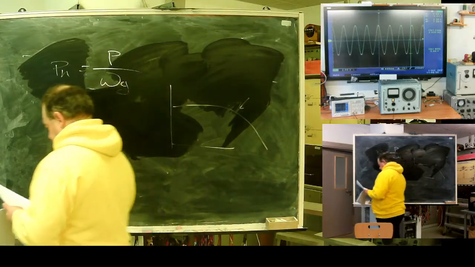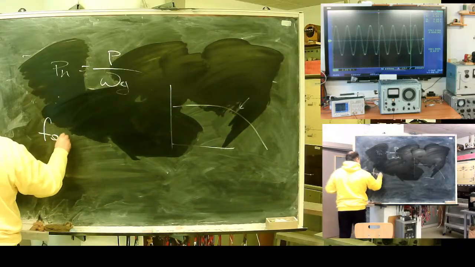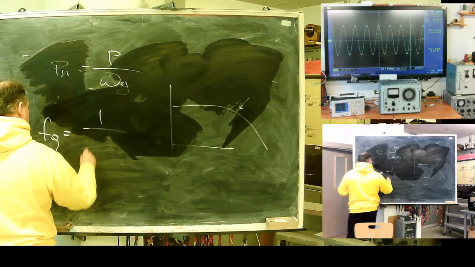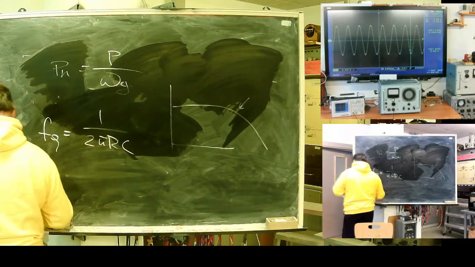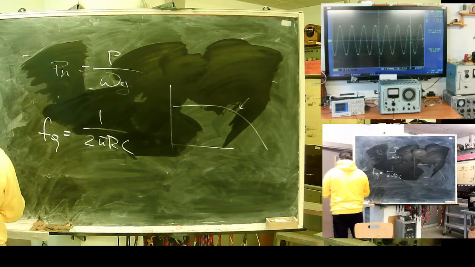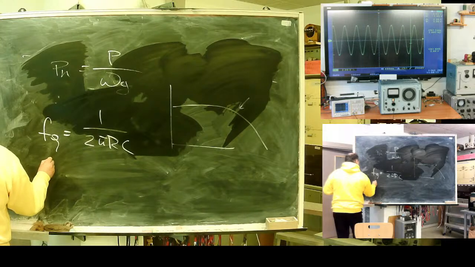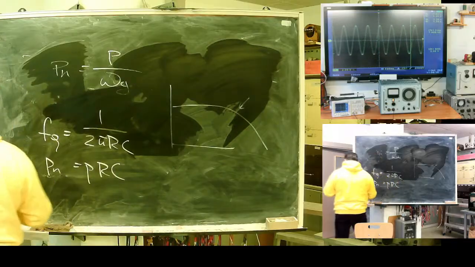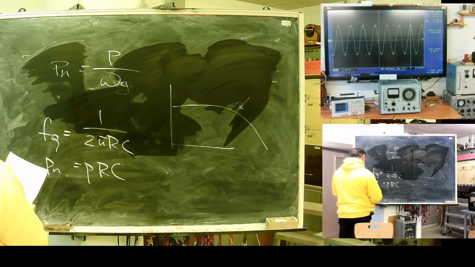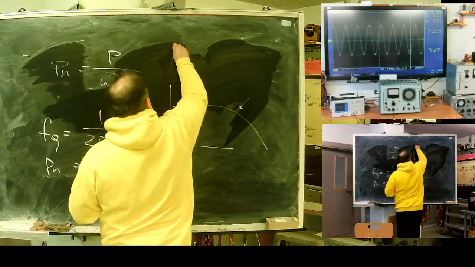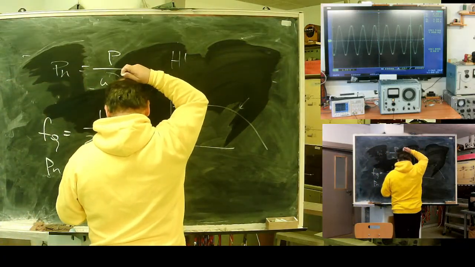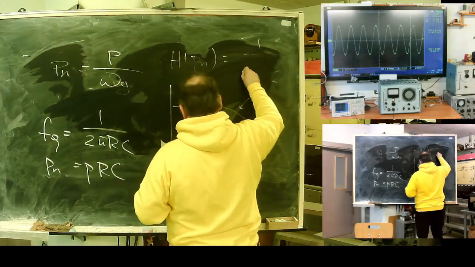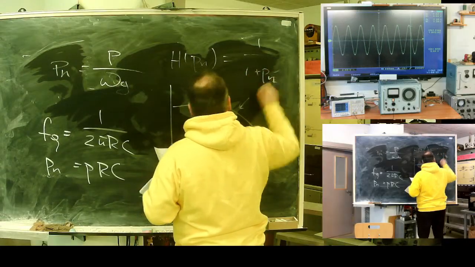The knee point frequency is 1 divided by 2 pi RC. At this point, the normalized frequency is 1 and the transfer function will be 1 divided by 1 plus p n. Fine.